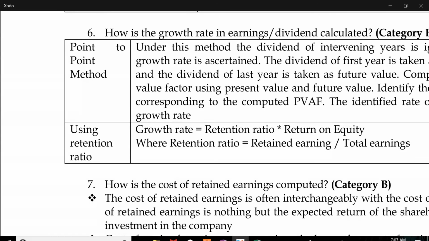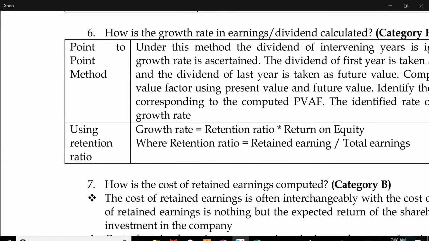When you declare dividend, shareholders get the dividend and they may have to pay tax on it. So in case of equity, tax is an extra expense, so shareholders will expect more return. In case of retained earnings, that money is left with me. I'm not paying anything to the shareholders, so there is no concept of tax on retained earnings.